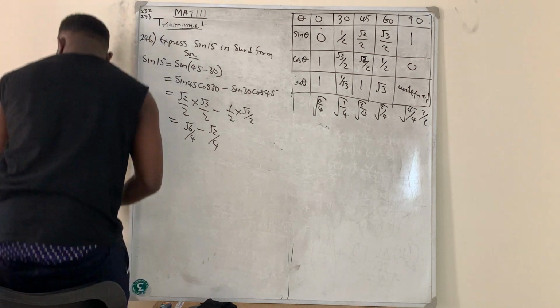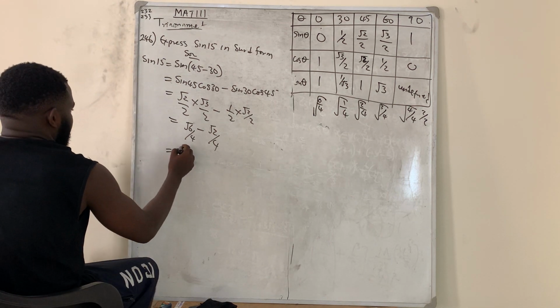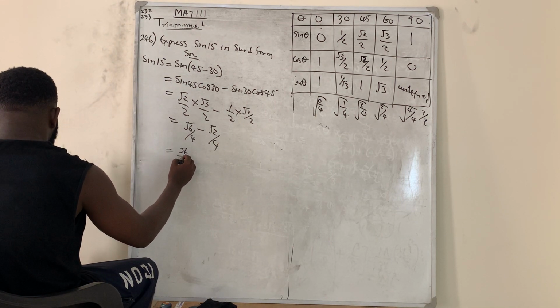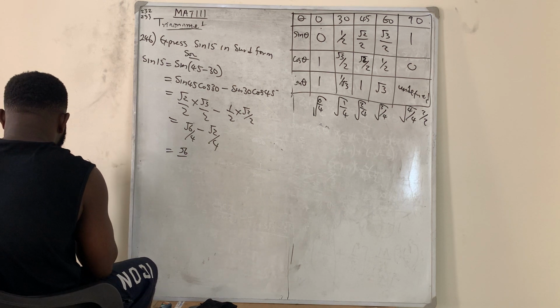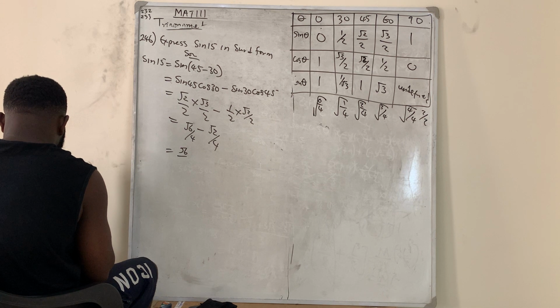So what do they have as the option? In the option they have root 6 over... The option is not correct.